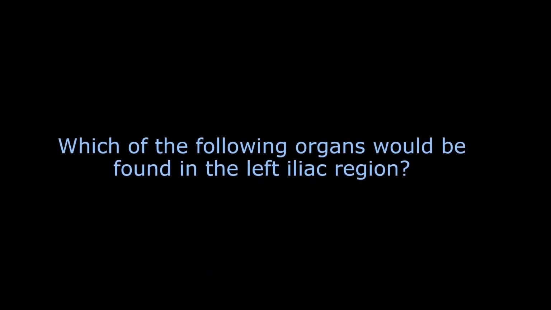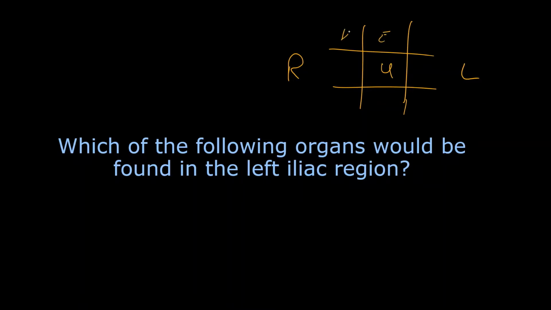Which of the following organs would be found in the left iliac region? Okay, well, we need to do this thing where we had those 9 abdominopelvic regions. And what we're looking for, and you have to remember again, right is over here, left is over here. That's the trick. If we started in the middle with the umbilicus, we could talk about the other levels: epigastric, hypochondriac, lumbar.